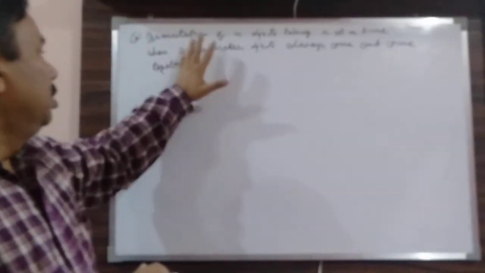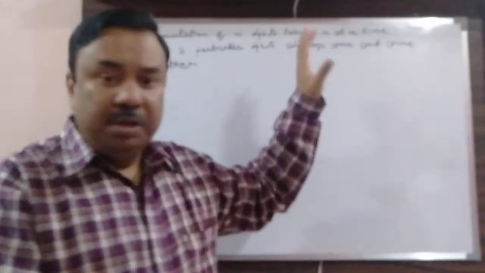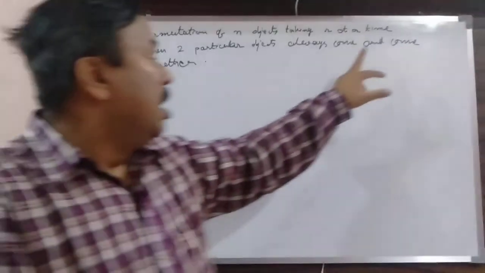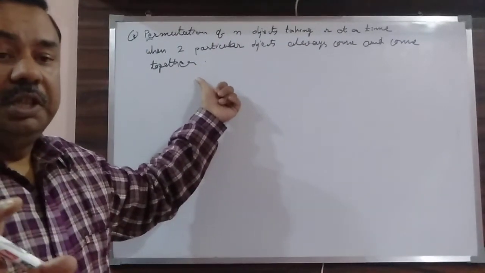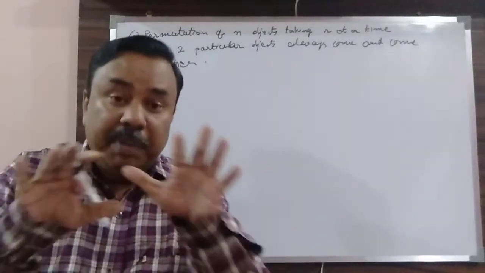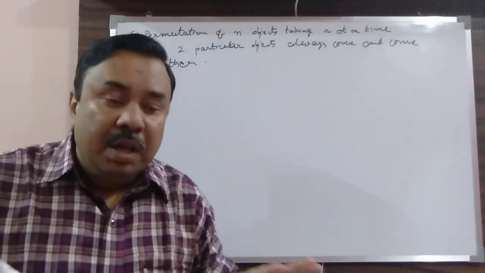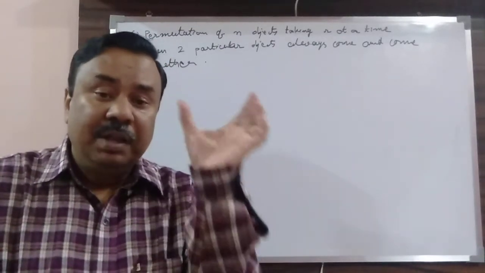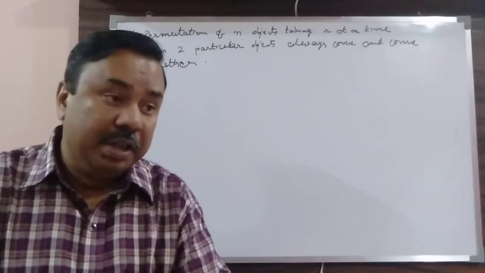With two particular objects always coming, these two have to come. Second condition on this, they also come together. It is not possible that they are placed anywhere separately. Wherever they will be placed, they will always be placed beside each other. Means they have to be together.